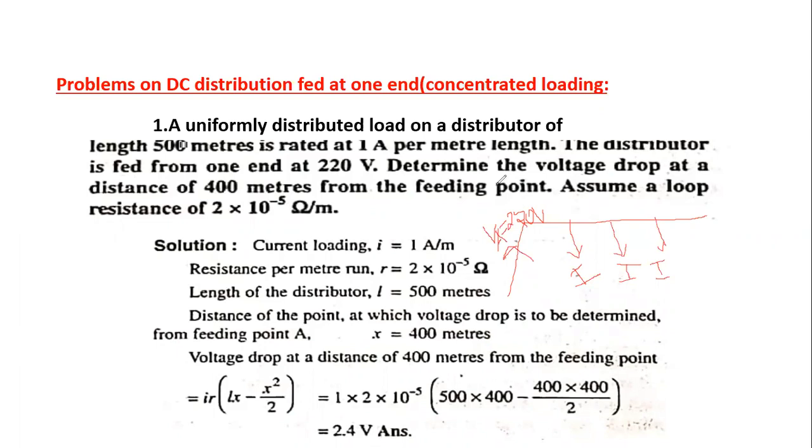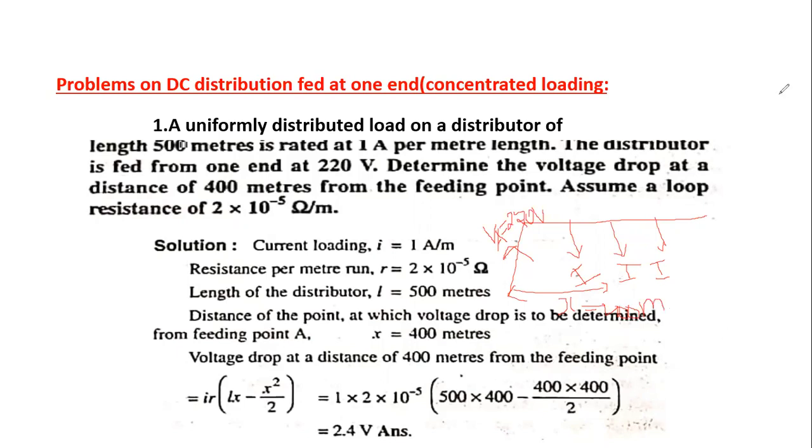Determine the voltage drop at a distance of 400 meters from the feeding point. This is the distance x meters, and that distance x is equal to 400 meters.